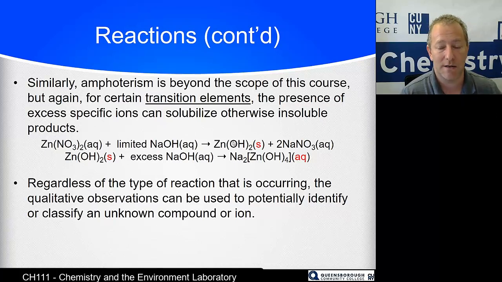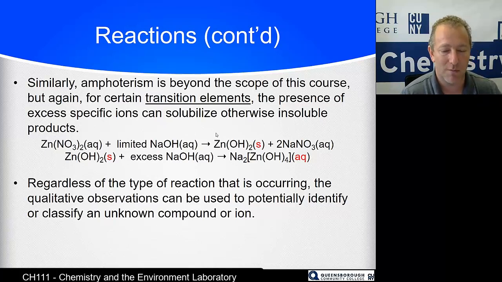Zinc hydroxide is a solid, it's insoluble, but in the presence of excess hydroxide, you form this zinc tetrahydroxide dianion that in the presence of a cation will be soluble, regardless of what's happening, okay?